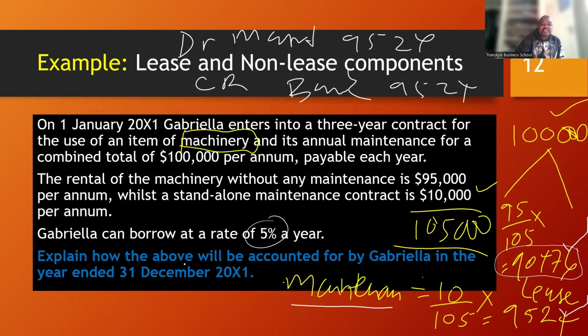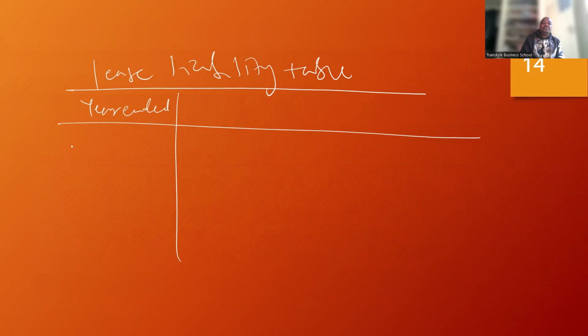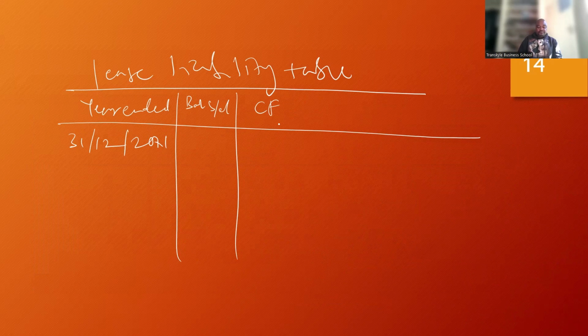Obviously, 31 December 20x1. What was the balance BD, the opening balance? What was the cash flow? Actually, cash flow here is the interest, isn't it?